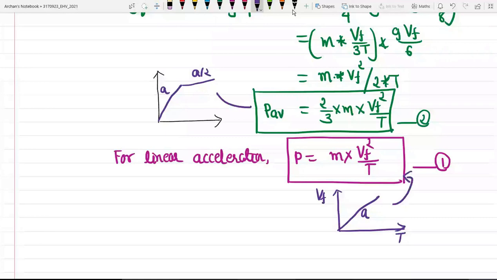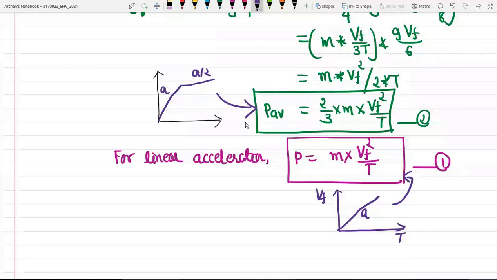Okay, so this is how we are accelerating our electric or hybrid electric vehicle. Okay, you know now what is the force required to reach the maximum speed Vf in time t seconds. Okay, so it depends on how acceleration will take place. So we have considered both cases: constant linear acceleration, and a second case where we have high acceleration when speed is low, and once velocity becomes high, we decrease the value of acceleration.